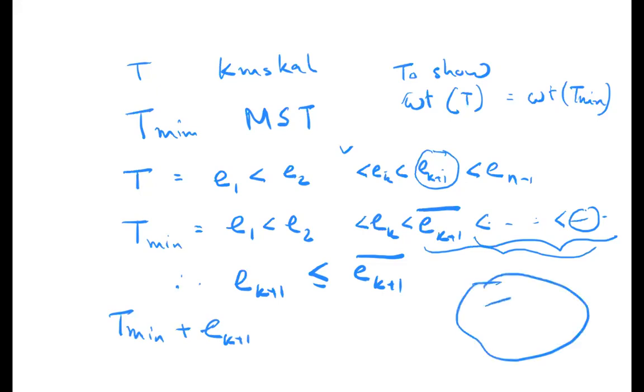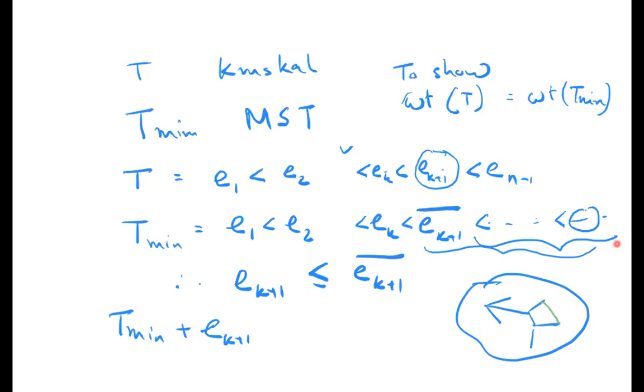Let's say this is T mean, some structure like this, and I have added this edge. Since it doesn't make a cycle with the previous ones, which is guaranteed by T, it must be producing a cycle with the later ones.